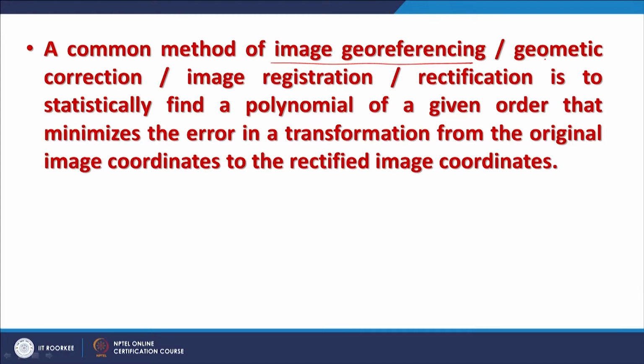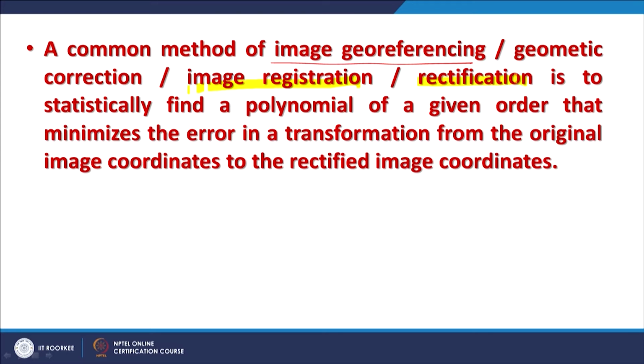And the common method we are discussing is image georeferencing. Sometimes it is also called geometric correction, and sometimes people call it image registration, and you may also find rectification in the literature.